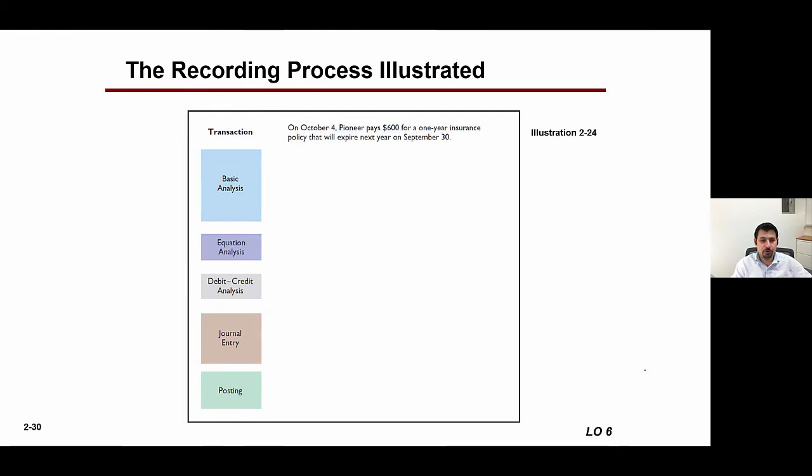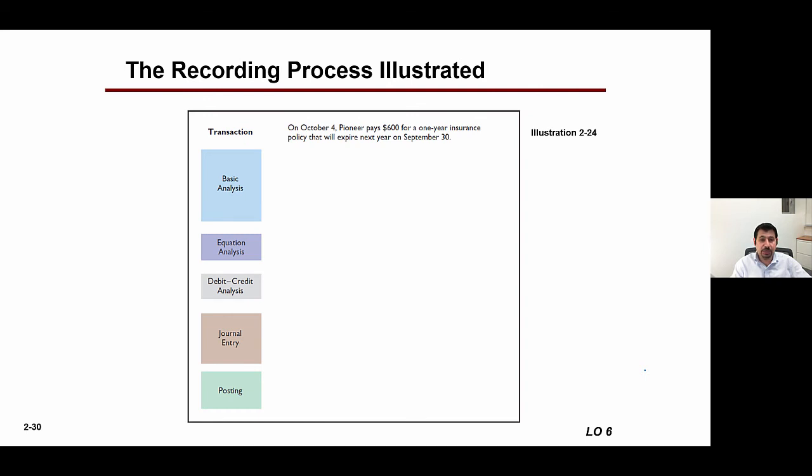On October 4th, Pioneer pays $600 for a 1-year insurance policy that will expire next year on September 30th. In this case, Pioneer has paid in advance for a 1-year insurance policy. Now, this is not considered an expense. Why?